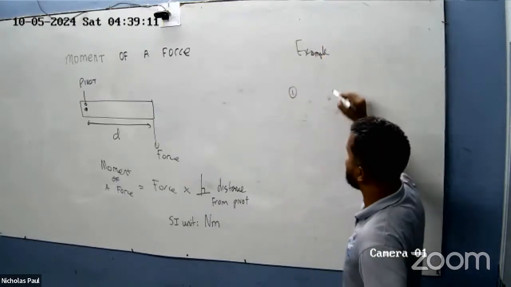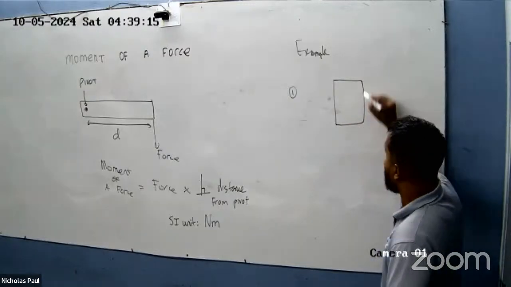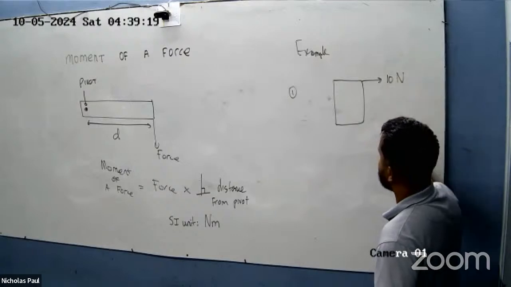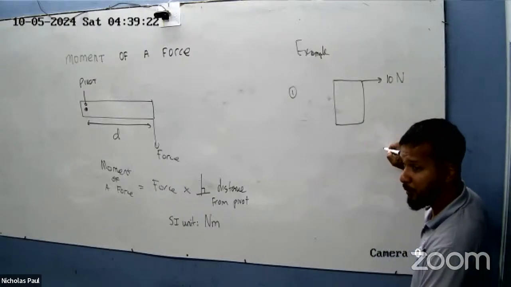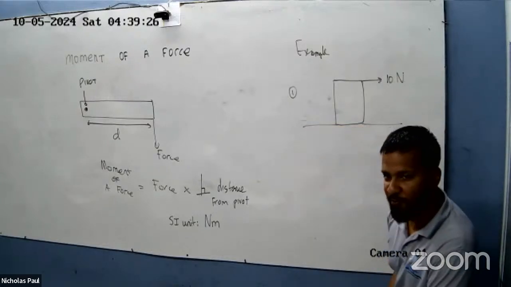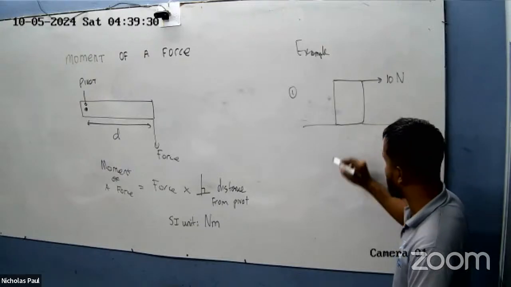Right? So that is your moment. And the reason I made you underline the word perpendicular is because of this. What is a small example here? I am applying a force here, and that force is 10 newtons. I'm not telling you where the pivot is, that's the ground. You have to figure out where the pivot is. And I'm giving you two distances.